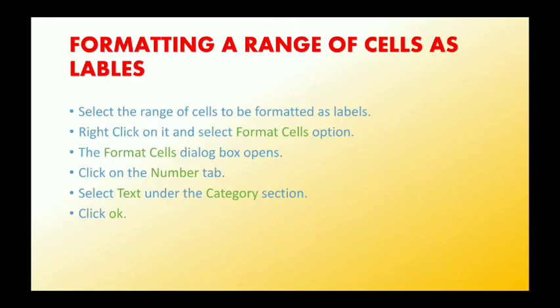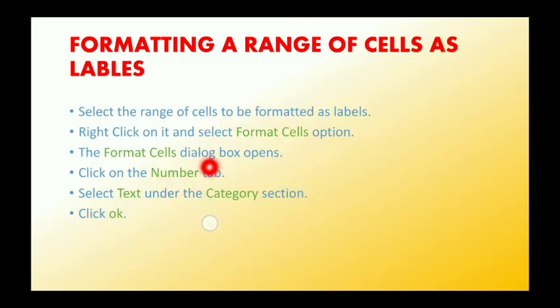Now the next, formatting a range of cells as labels. What is the meaning of formatting a range of cells as labels? It means, for example, we can have different kinds of numbers, such as phone numbers, roll numbers, pin codes, area codes, etc. These numbers are a little bit different.